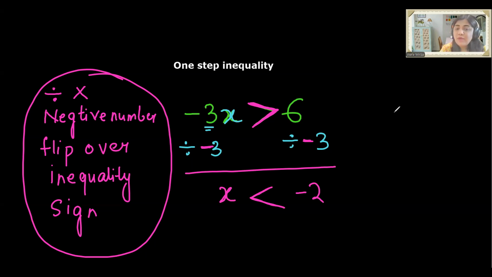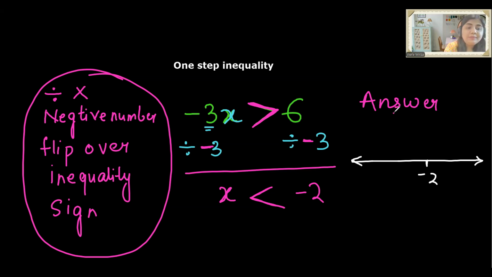Now, in the same way, I will show my answer. Again I will draw the number line. I will mark here minus 2. x is less than minus 2, so you will move towards the left side. x is not equal to minus 2, so you will use an open circle.